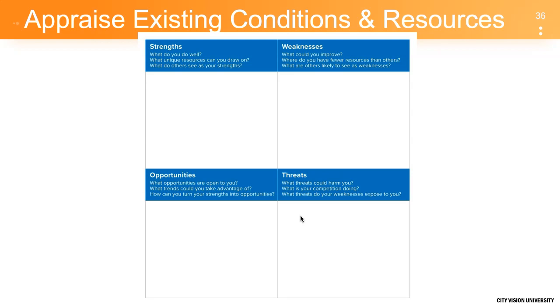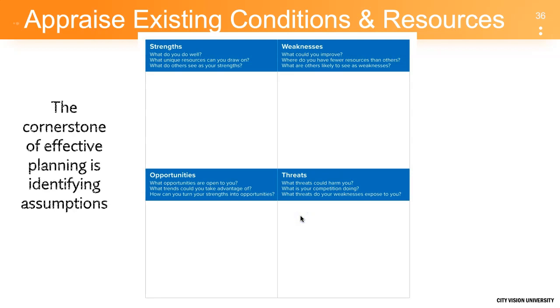So appraising the existing conditions, the first thing is to know that this whole deal, the cornerstone of effective planning, is identifying your assumptions. So before you even think about launching a program or designing a program, you take a look at what you assume to be your conditions. Well, I'm going to launch this program, and I assume I'm going to do it based upon my strengths.